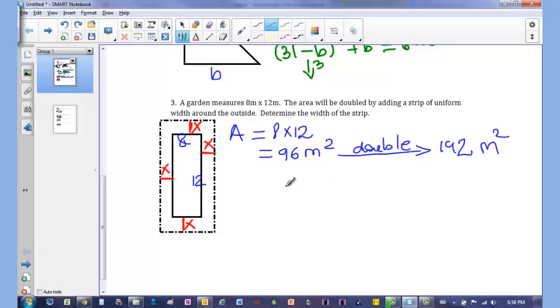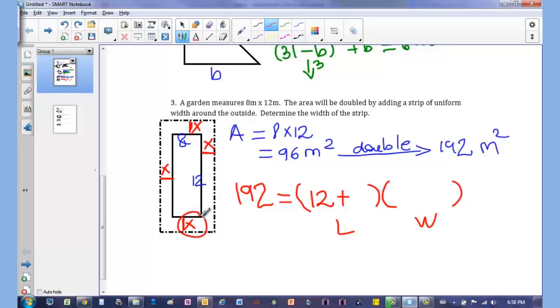All of them have exactly the same dimension. So the new area of the garden will be 192. However, the length and the width have been modified, so we have to think what the new length and new width are. Let's look at the length. Before it was 12 meters. Since I'm adding that border all around, I'm adding 1x to the bottom and 1x to the top.